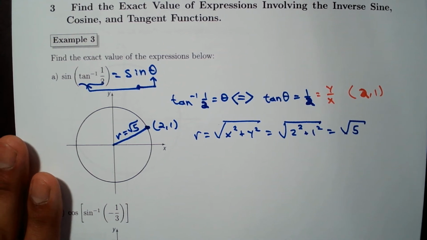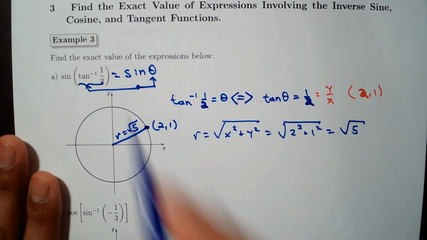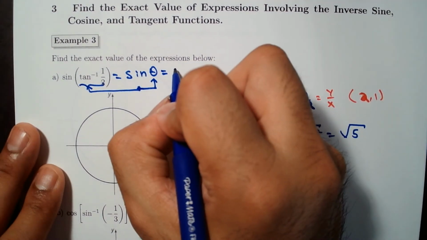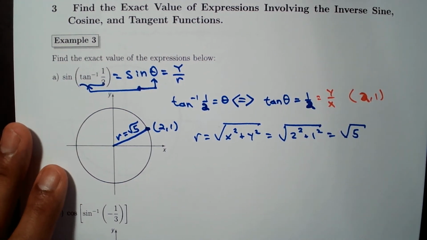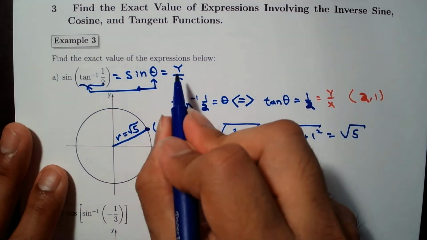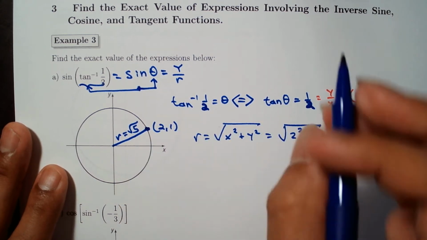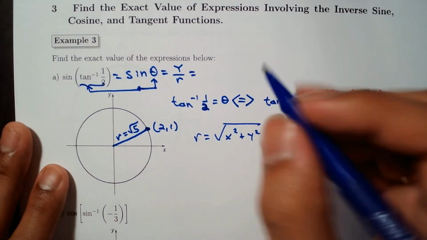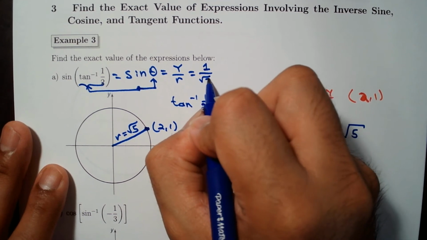Okay, so now that we have everything, r, x, and y, we're ready to evaluate the sine function, which by definition is y over r from the first section in chapter 6 when we first defined the trigonometric functions. Sine is the y coordinate, and it's related to the radius as well in this form. So y, which is 1, and r, which is square root of 5.